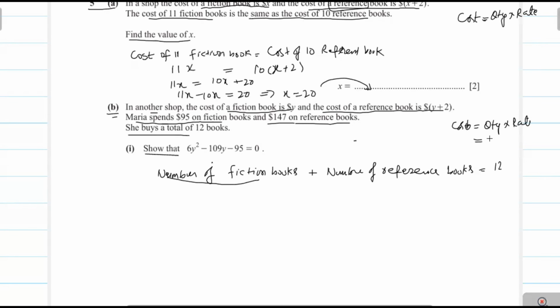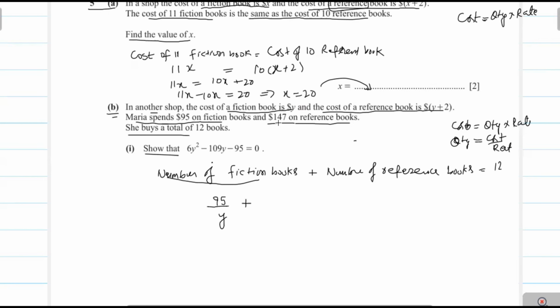Therefore, we can find the quantity as cost divided by rate. Here the cost of fiction books is $95 divided by rate Y. And next is the number of reference books.